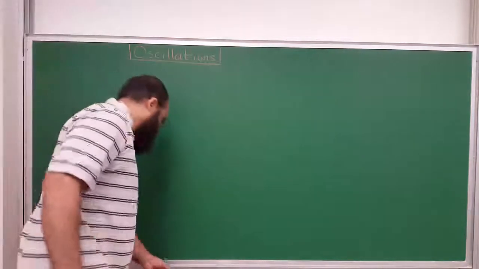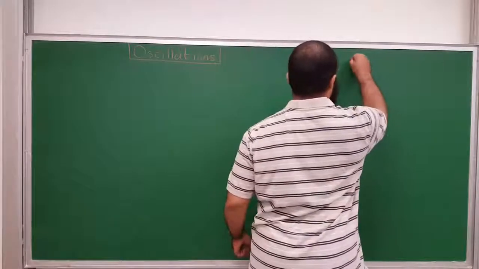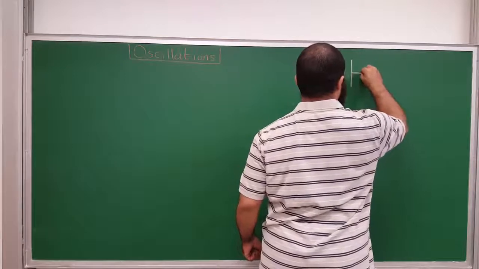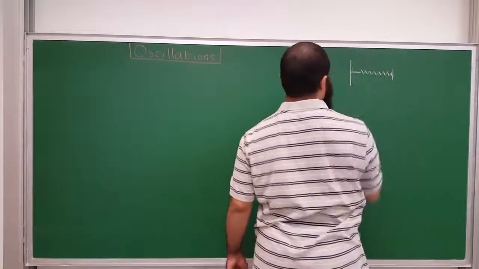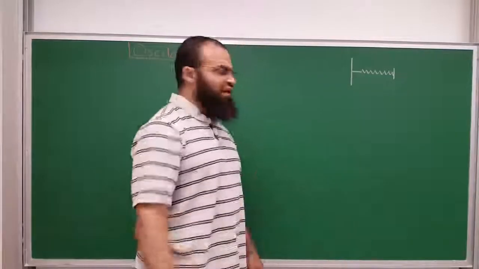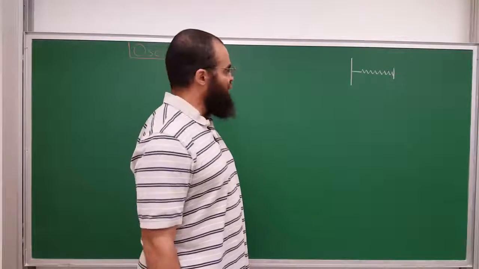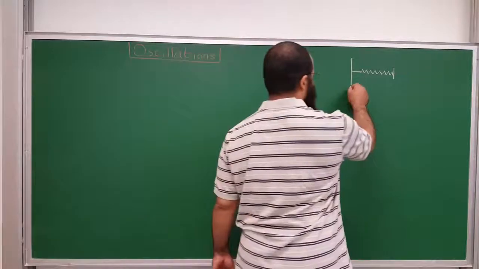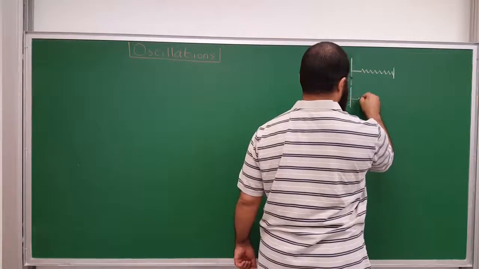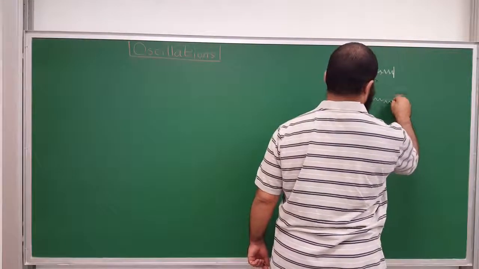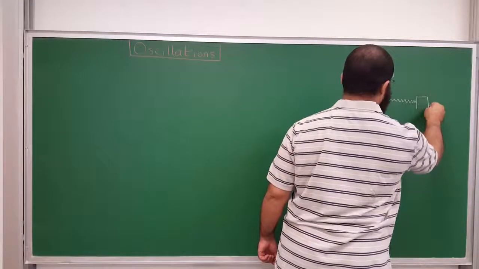So here is a spring, and I'm going to draw it here. Okay, this is the spring, and it's undisturbed, it's alone, nobody is moving it, nothing is attached to it. That's called the initial position. Now, you come along, you attach a mass to it, and you pull it to the right.